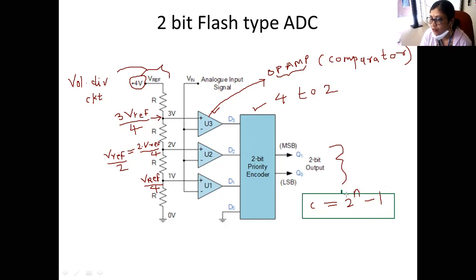This is very important. This equation is very important. And here C is the number of comparators.